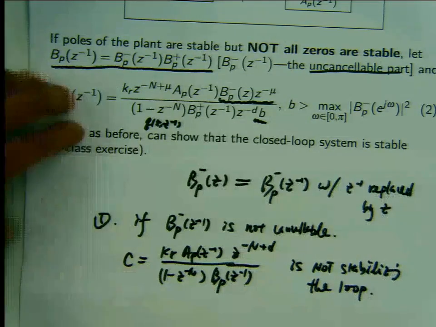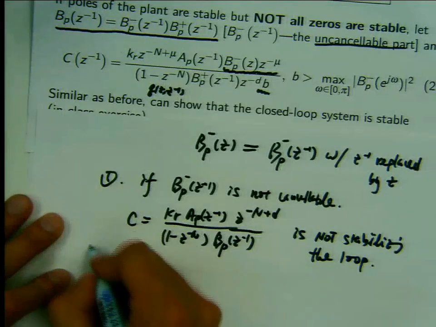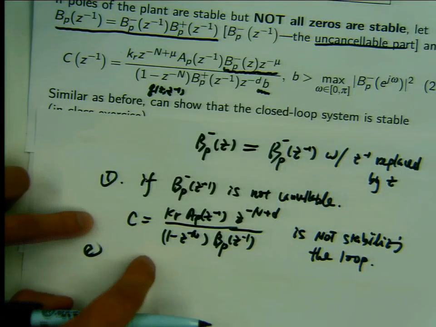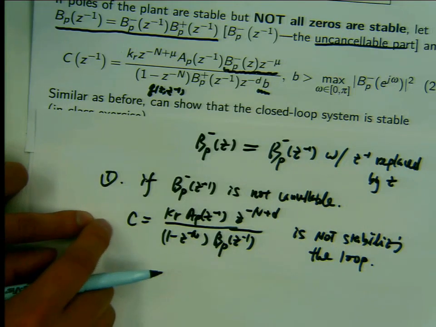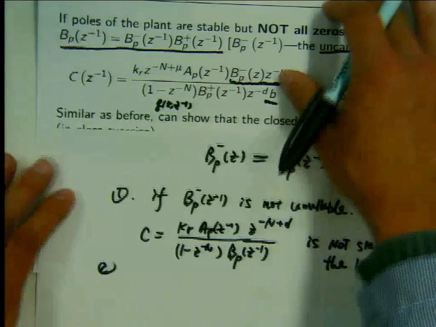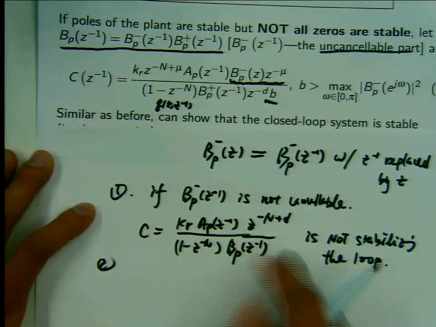Probably you already have some idea why this holds. Actually, this can be a tricky question. Not many people will be able to prove this part, so I want you to be very comfortable proving this part.